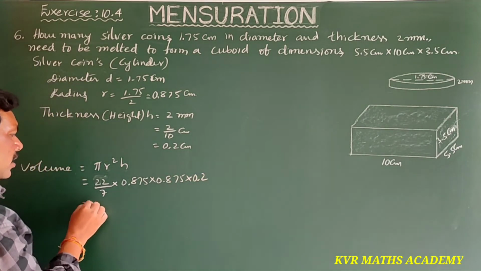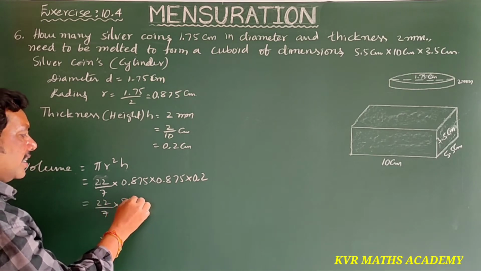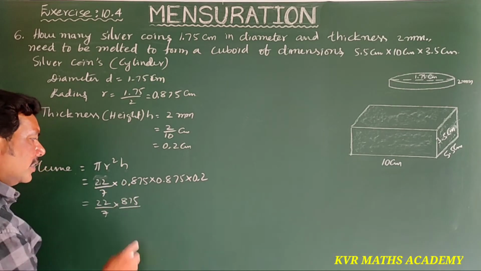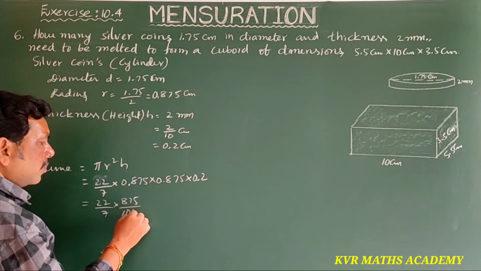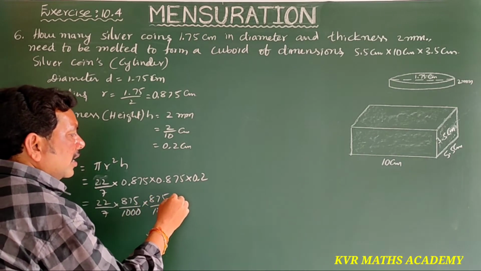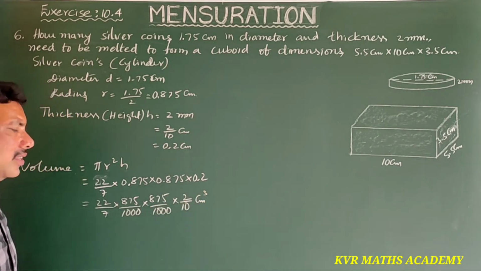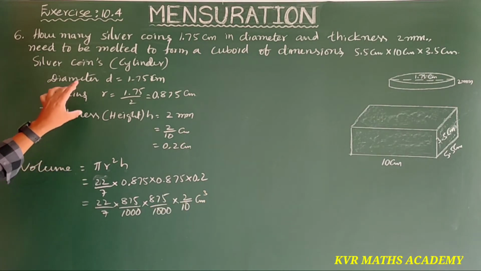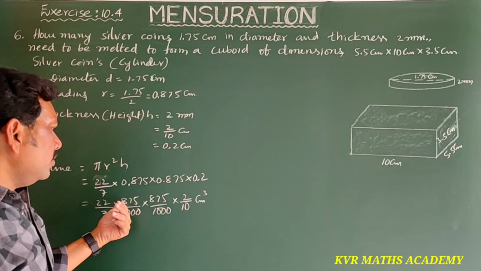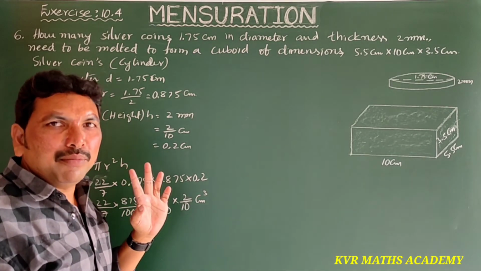For better calculation, write like this: 22 by 7 into 875 by, after the point, how many digits are there? 3 digits, so keep 1000. 875 by 1000 into 2 by 10, in centimeter cube. So the volume of the silver coin is 22 by 7 into 875 by 1000 into 875 by 1000 into 2 by 10 centimeter cube, right?